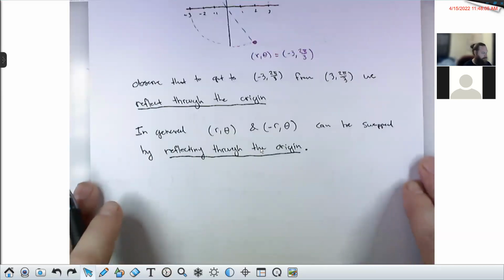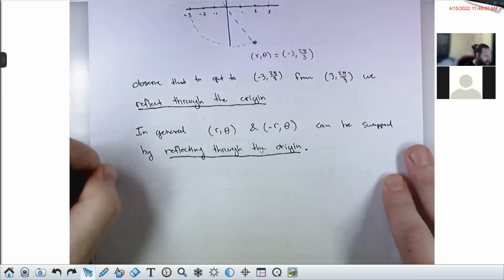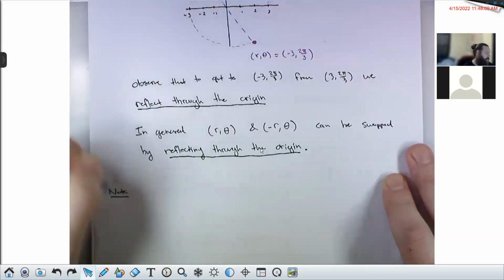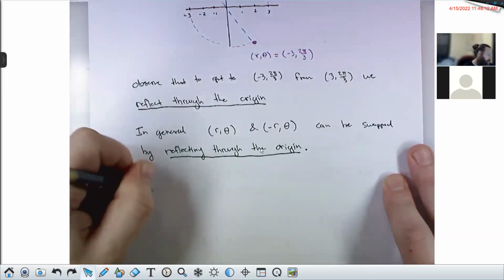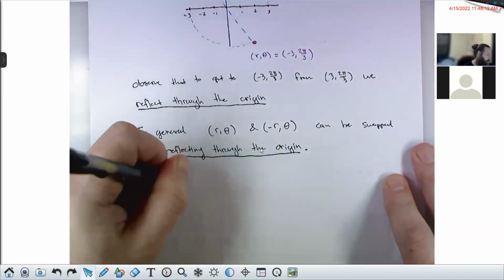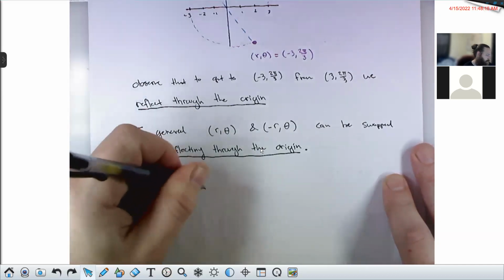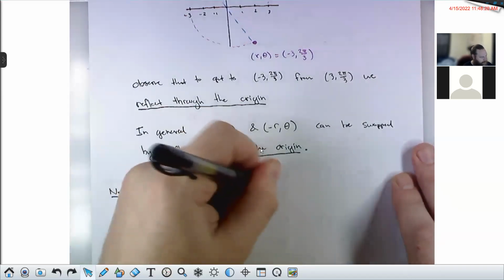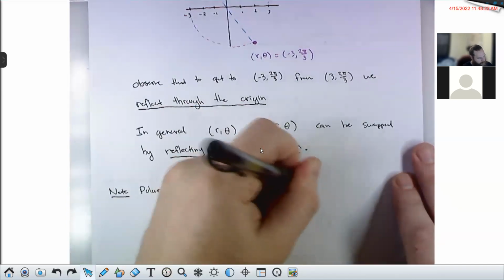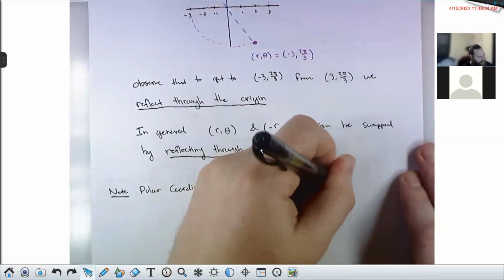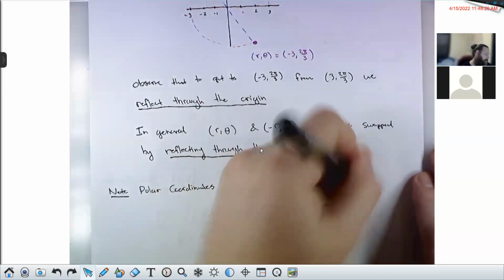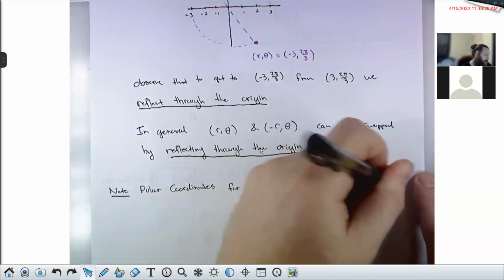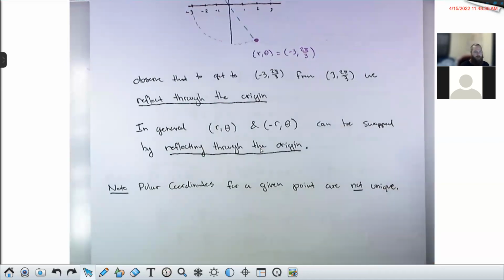So, note. Polar coordinates for a given point are not unique. There's a separate thing.